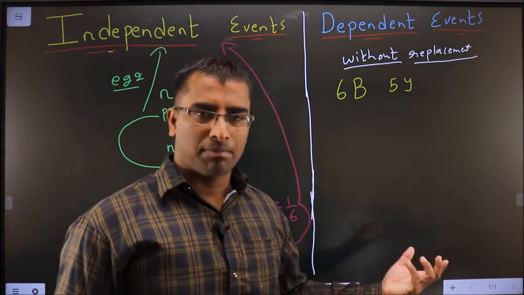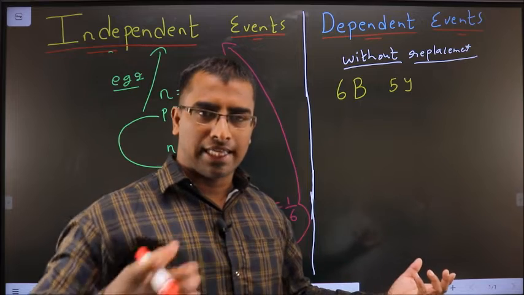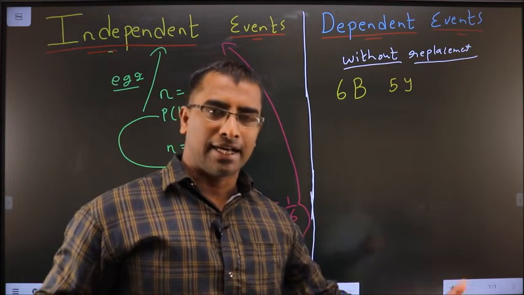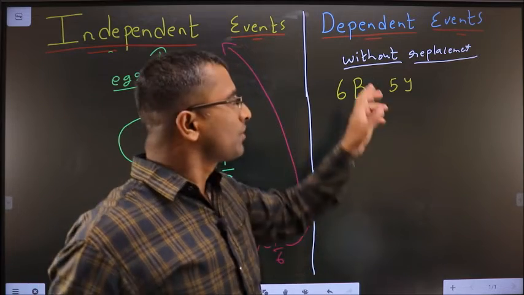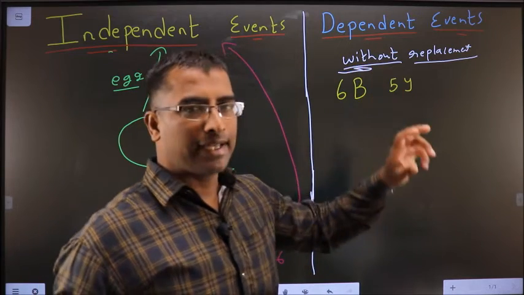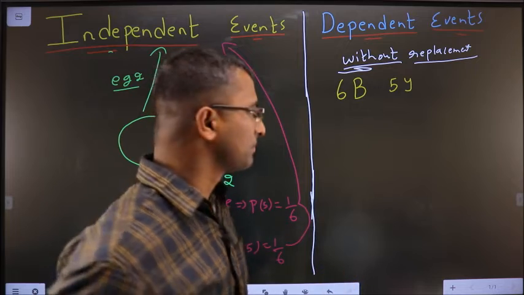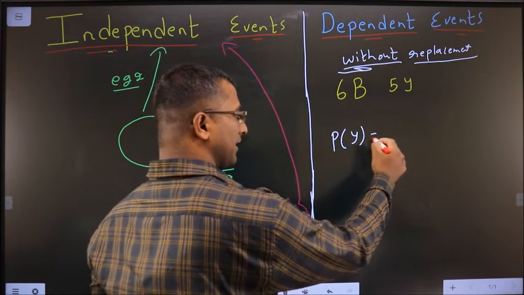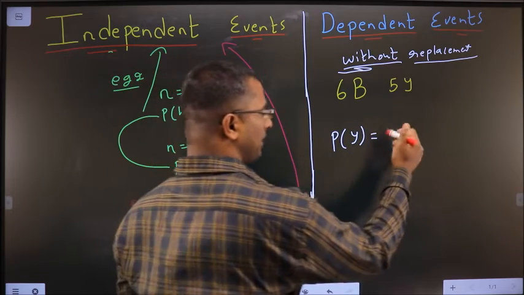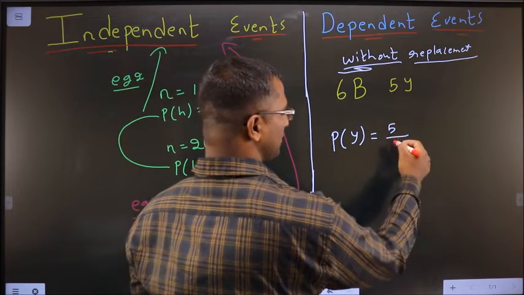Without replacement means a marble taken out is not kept back again in the bag. It's still outside only. Clear? Now, what is the probability of selecting a yellow marble the first time? It will be 5 by the total, 6 plus 5, 11.